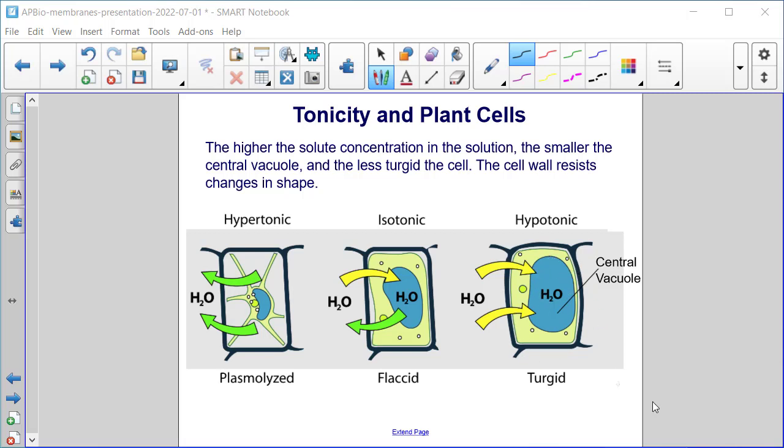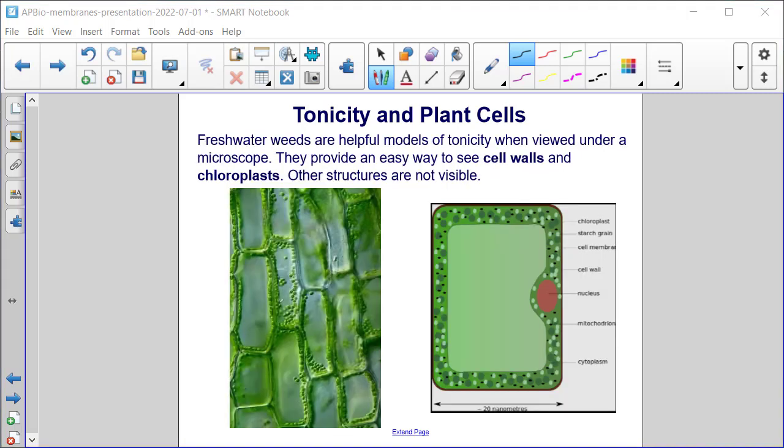So the higher the solute concentration in the solution, the smaller the central vacuole. So look at how the central vacuole gets smaller as the amount of solute on the outside of the cell increases.